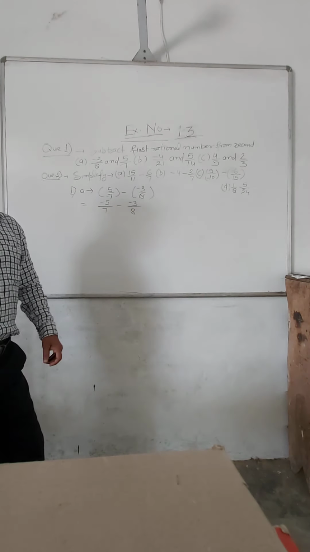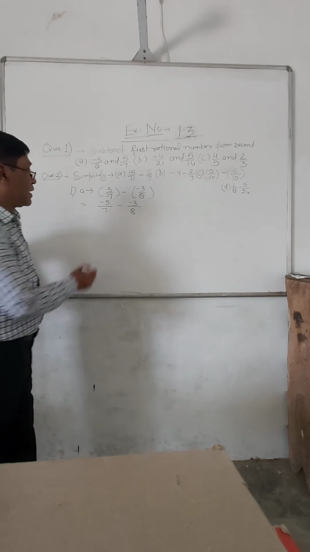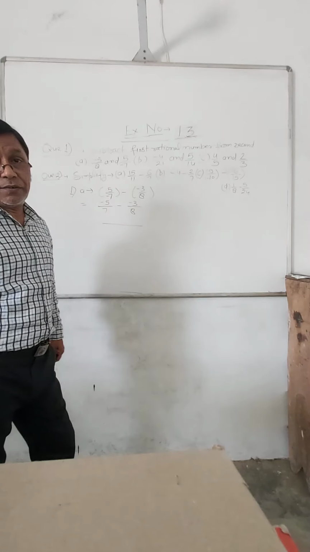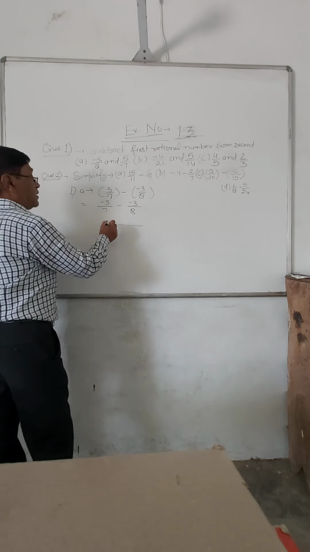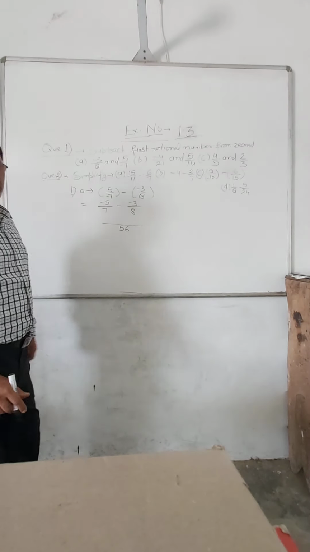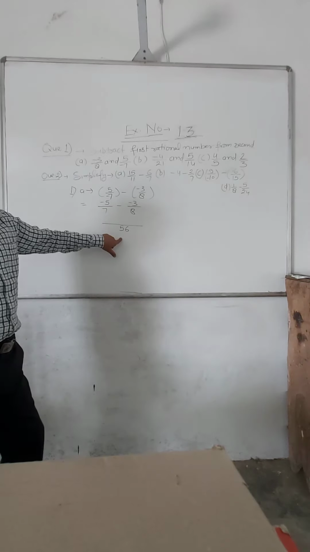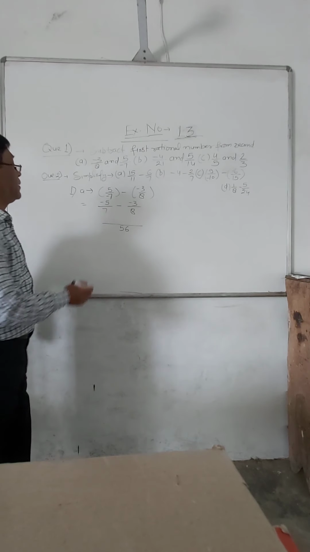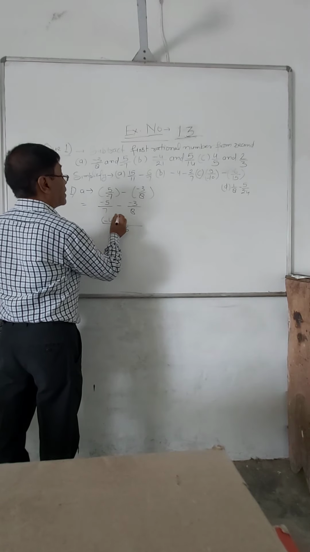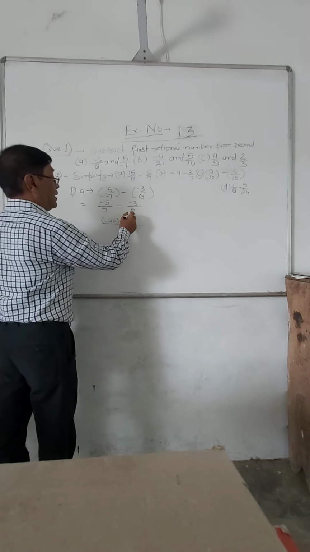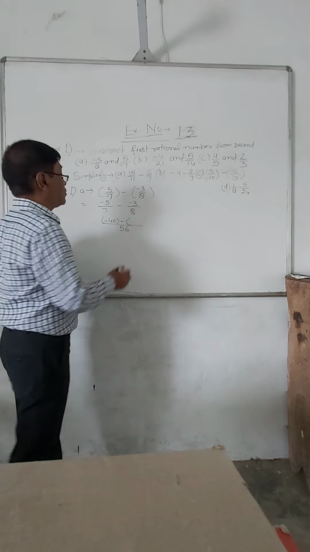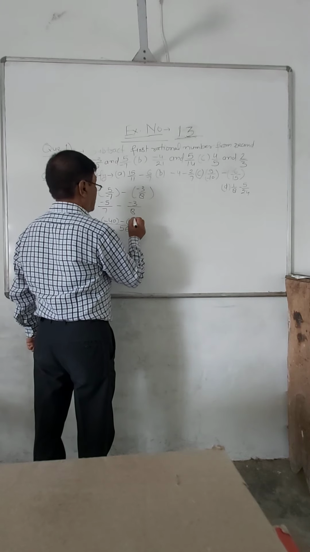Now as usual for subtraction, take the LCM of 7 and 8. The LCM will come 56. 7 times 8 is 56, and 8 into minus 5 gives minus 40. 8 times 7 is 56, and 7 into 3 gives minus 28.